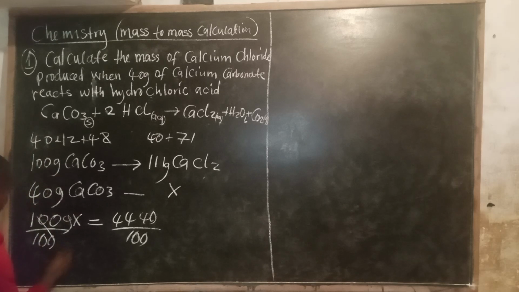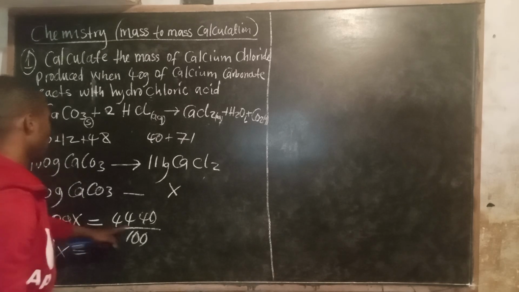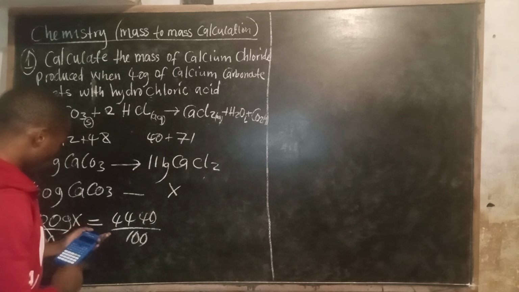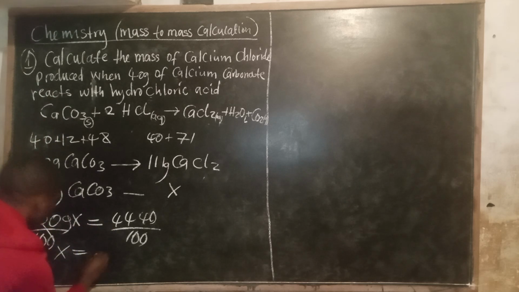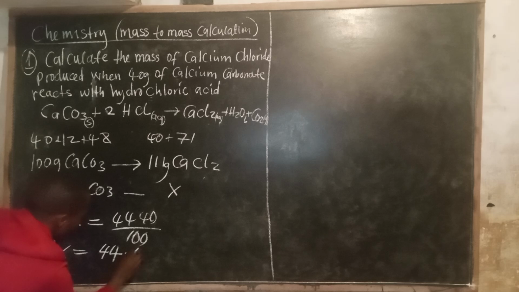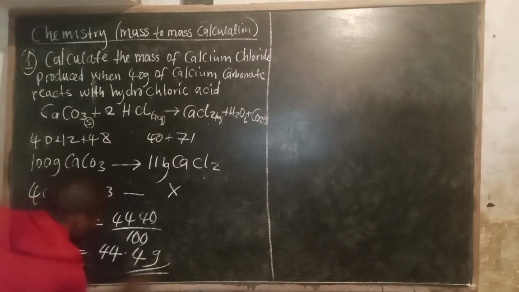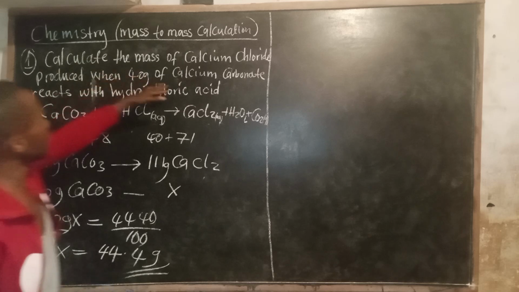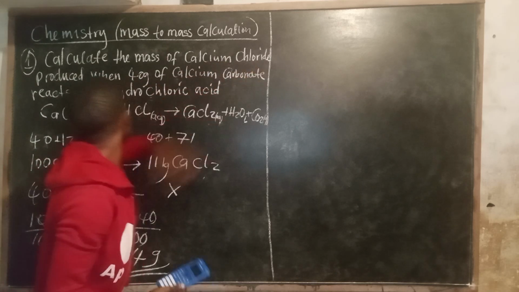When we cancel here, we are going to have x. Then when we divide by 100, we are going to have 44.4 grams.